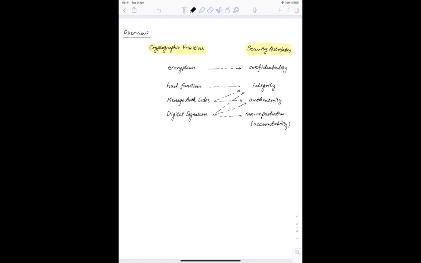Before we start our introduction of the last three primitives, let's recap what we have learned about symmetric encryption, symmetric cryptography.